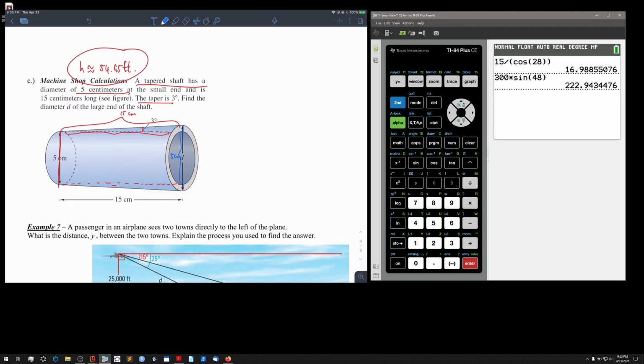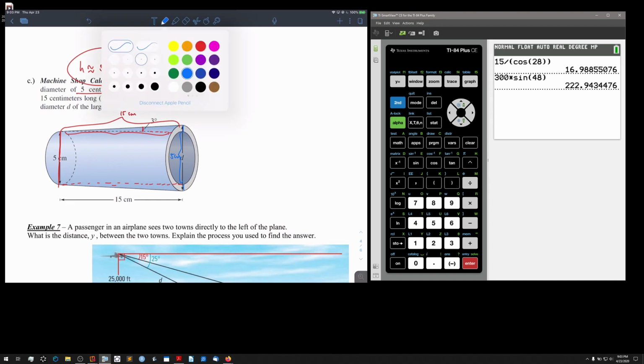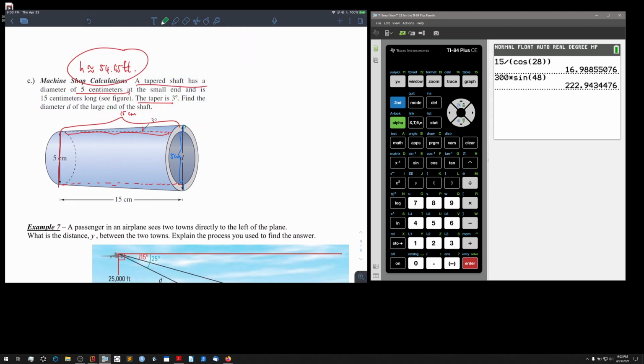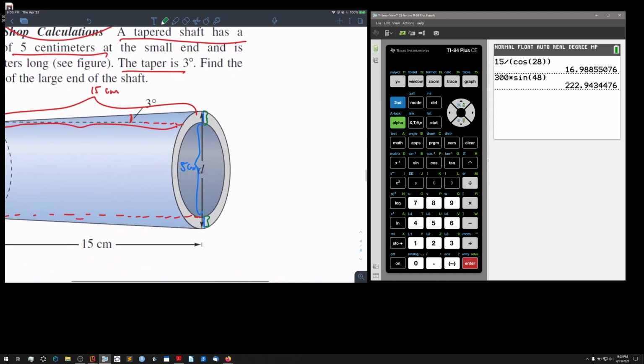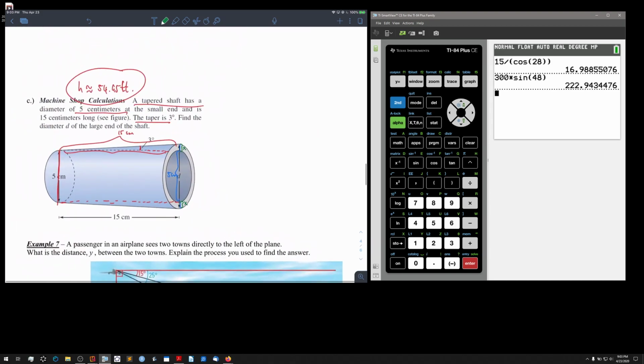There's a thicker wall here. The question is, what is D? D is the whole thing. There are 2 pieces I don't know, this little piece and this little piece, and we can call that X, and this will be X as well. So D must be 5 centimeters plus 2X, those 2 little pieces.